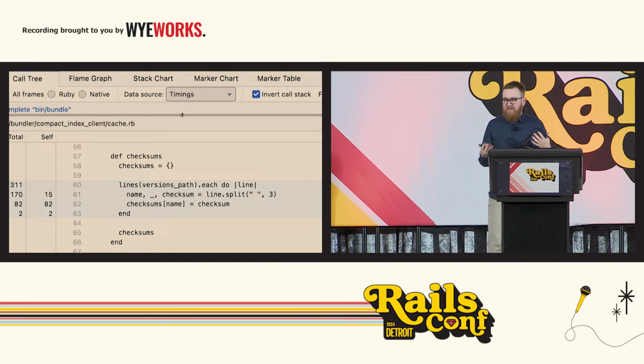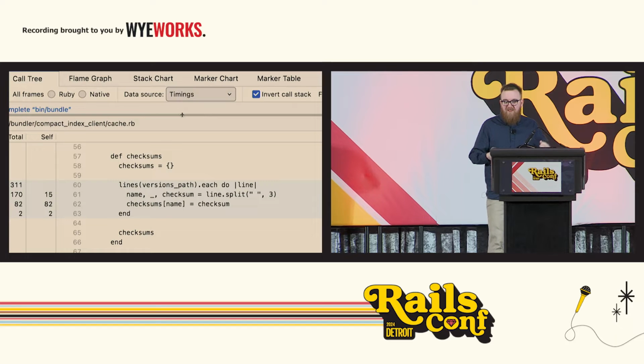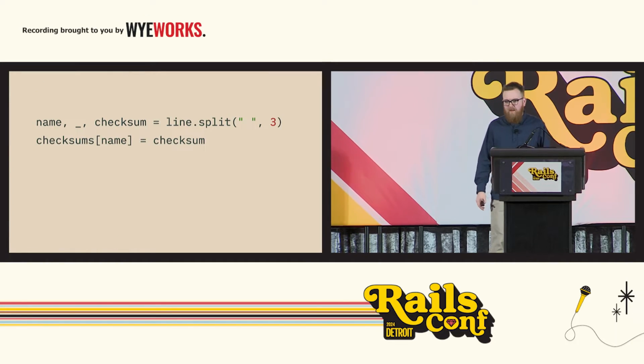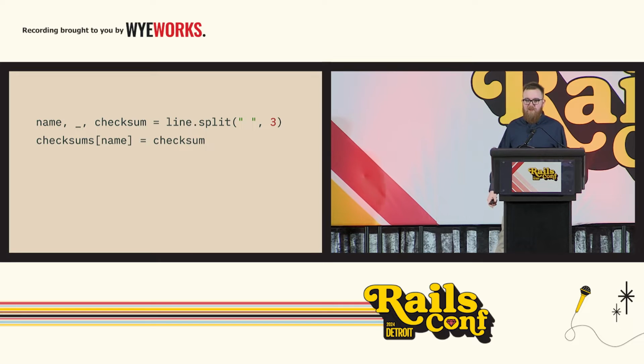And so this has some annotation in the margin to show the relative performance of these. These are measured in samples. We don't have to worry about that too much right now. But let's take a closer look at these two lines. So what this is doing is it's taking a string that's a line, splitting it by spaces, assigning that into variables, and then doing a hash assignment with those variables.